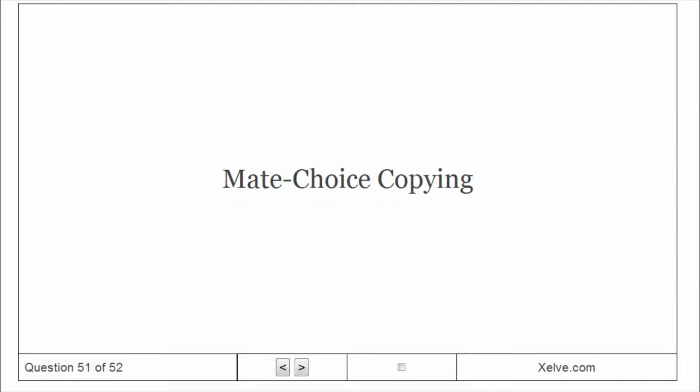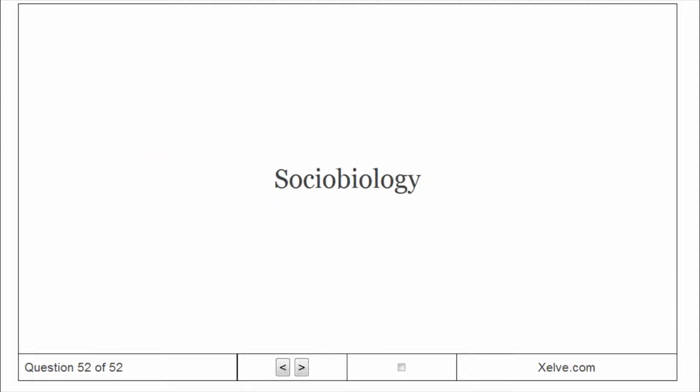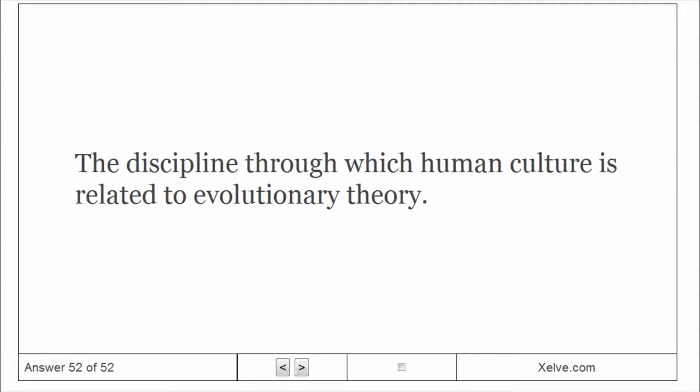Mate choice copying: a behavior in which individuals copy the mate choice of others. Sociobiology: the discipline through which human culture is related to evolutionary theory.